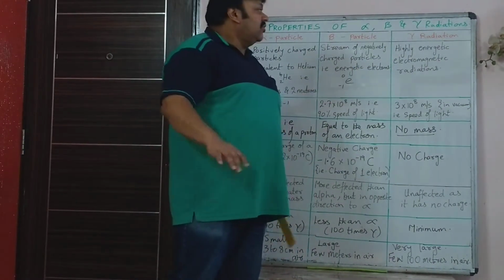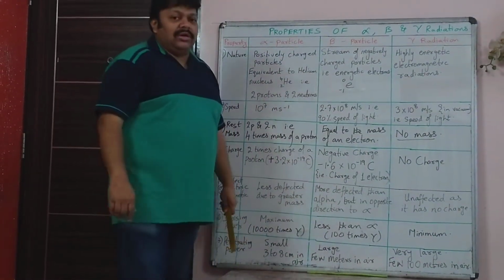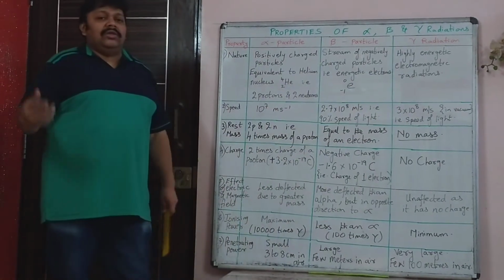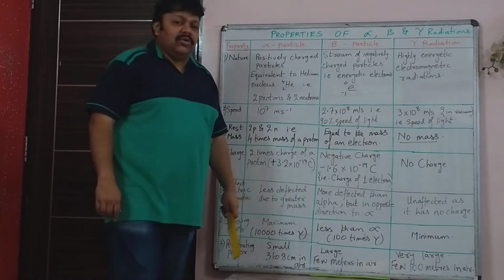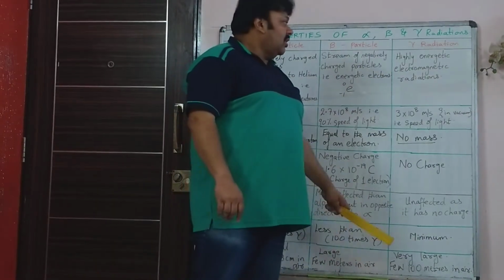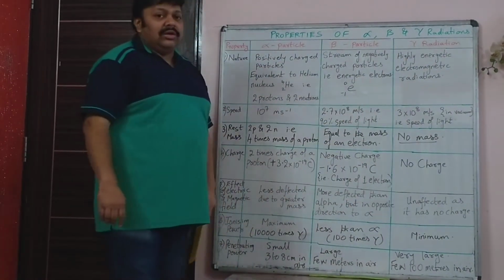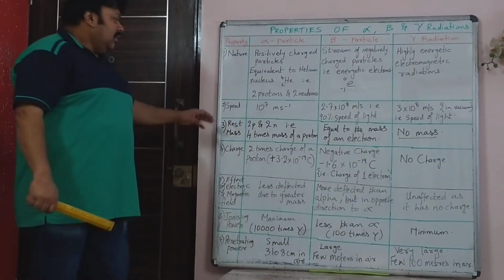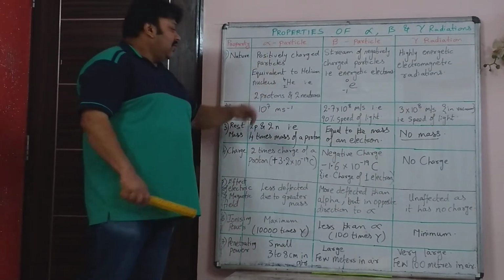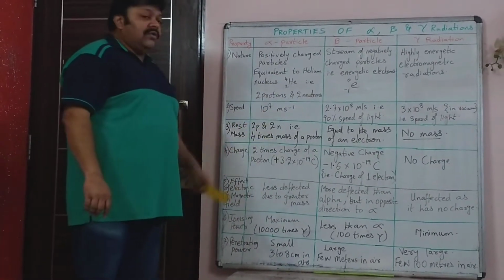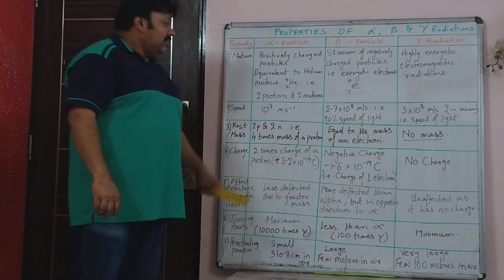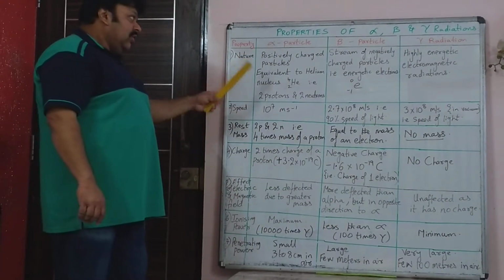And gamma radiations are high energy electromagnetic radiations. You have already seen that in the electromagnetic spectrum also. Now speed. Alpha particles travel with a speed of 10 raised to 7 meter per second. So they are the slowest.